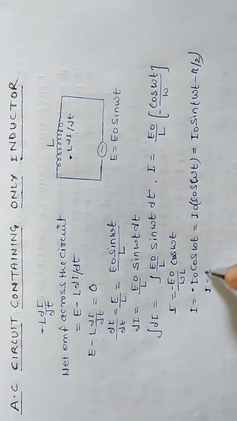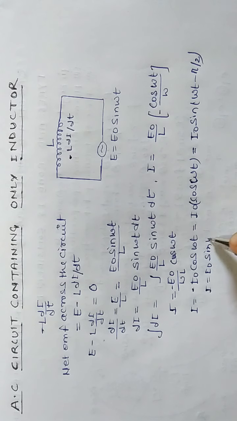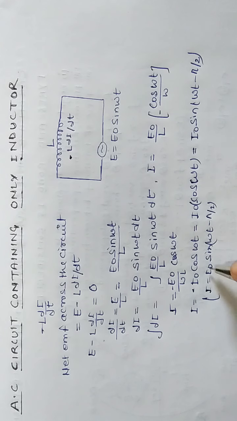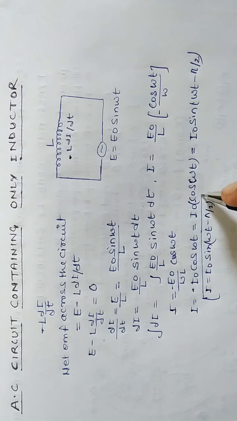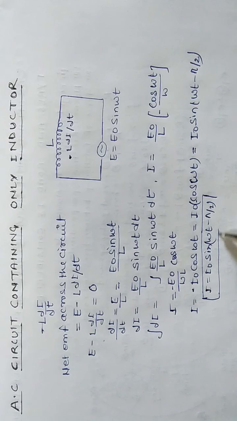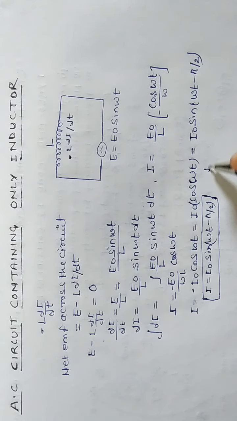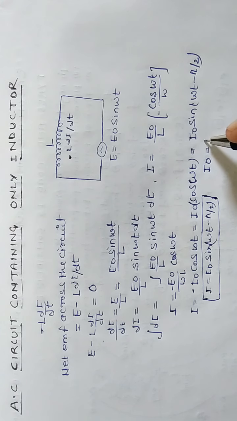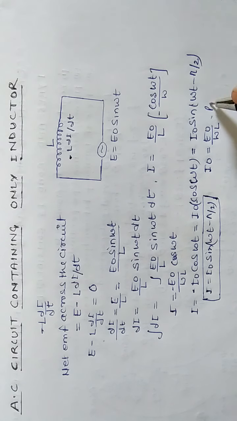So I = I₀ sin(ωt − π/2). This is the equation for instantaneous current across the circuit. Here I₀ is the peak value of current, which is given by E₀/ωL.